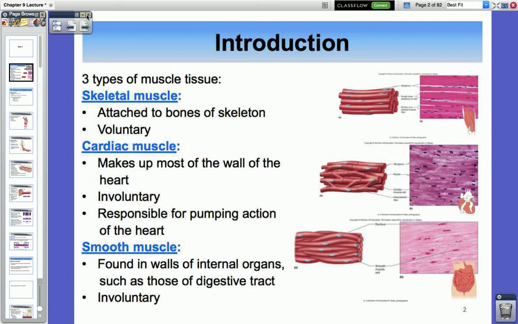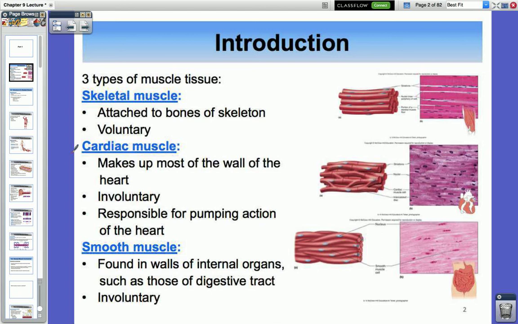Of course, skeletal muscle is called skeletal muscle because it's attached to the bone, attached to the skeleton. It's also striated, and we'll mention what that means later. However, striations will not be unique to skeletal muscles because cardiac muscle is also striated.